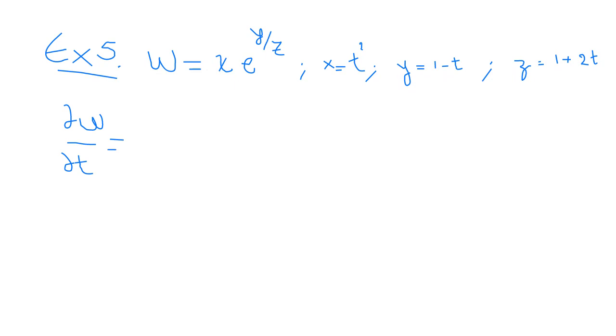Now here, just be careful. How many intermediate variables do we have? First of all, you have to recall what an intermediate variable is.